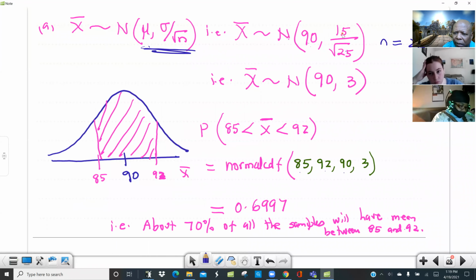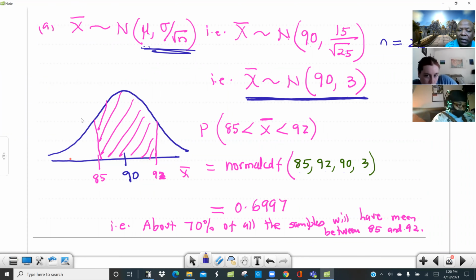So we grab the 15 and we divide it by the square root of the sample size, which is 25. Because this is a 5, 15 divided by 5 is 3. So here is what we have. This is now describing our normal distribution fully. And anytime you have a normal distribution with a mean and standard deviation, you can find anything.